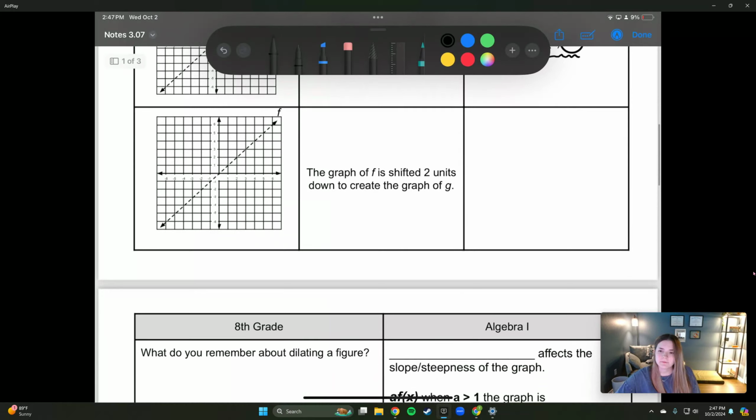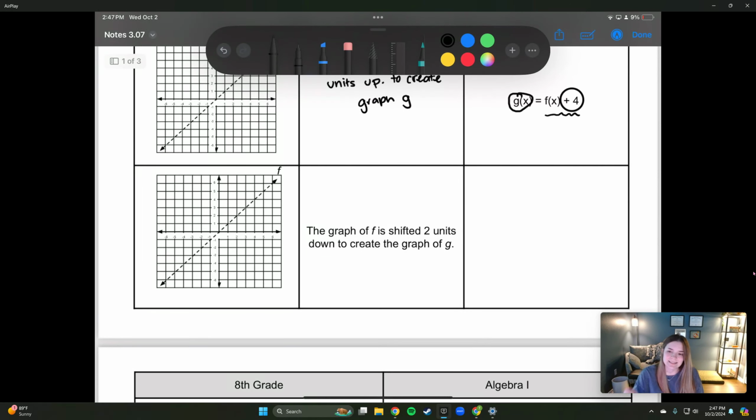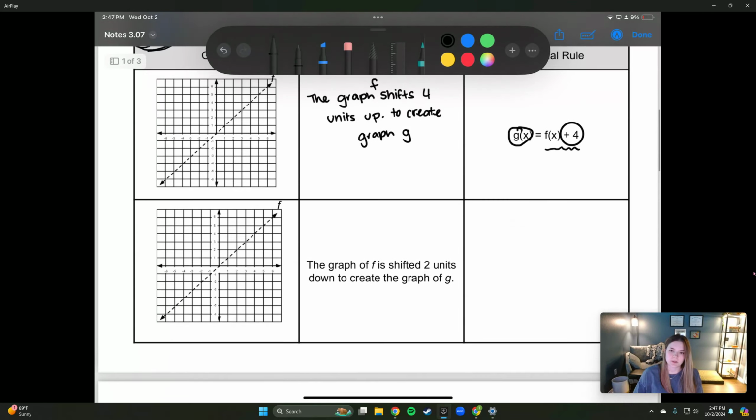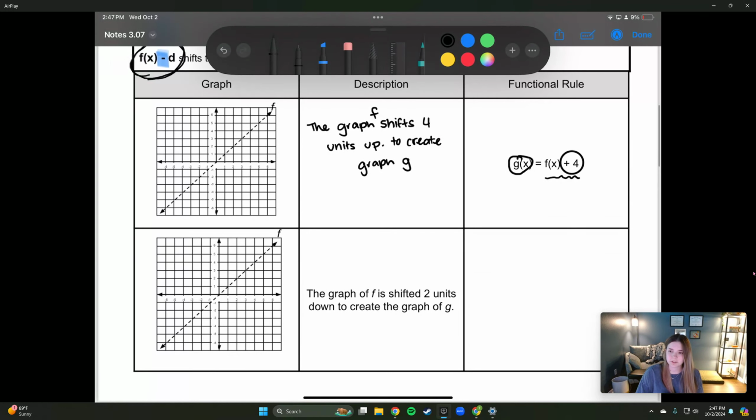The graph of f is shifted 2 units down to create the graph of G. Remember, if we're shifting down, it's going to look something like this, right? This time it gave you the description and wants you to write the rule. If I'm creating a new graph, the graph I'm creating is G, and it tells me that right here.